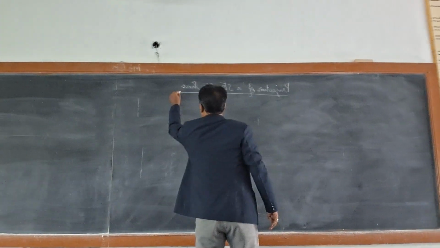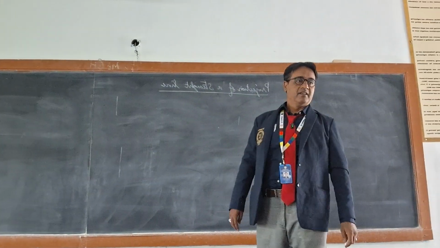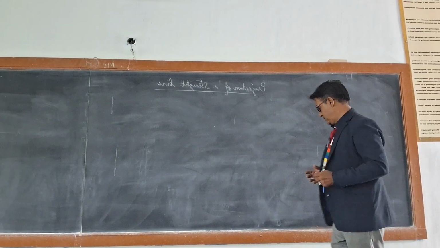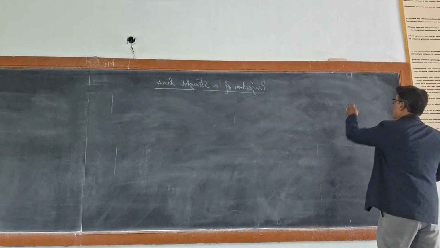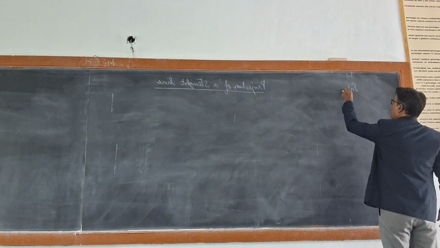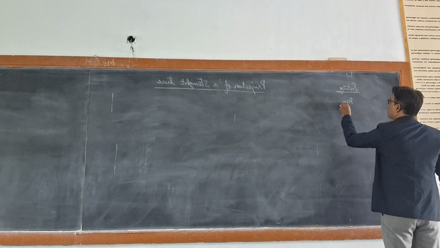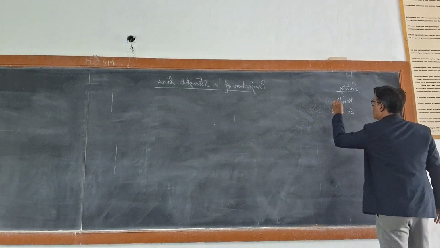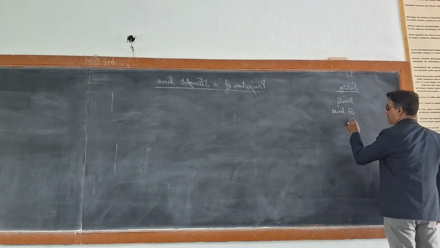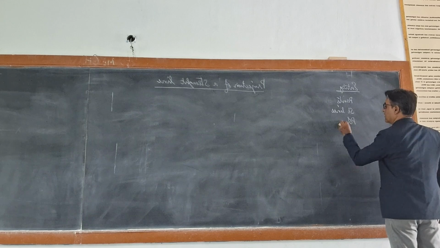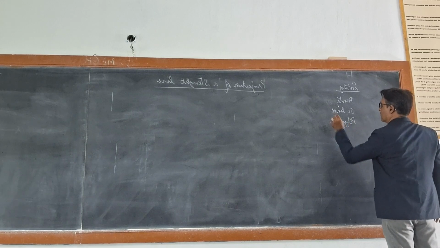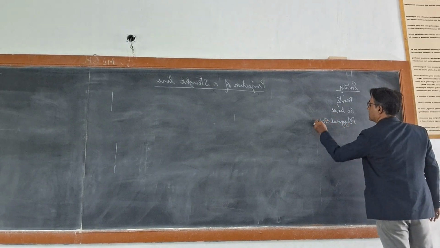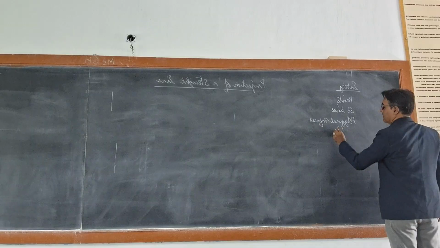So, when I say projections, you're going to deal with certain entities: points, straight lines, then you have polygonal, what do you call it, a surface or laminar.